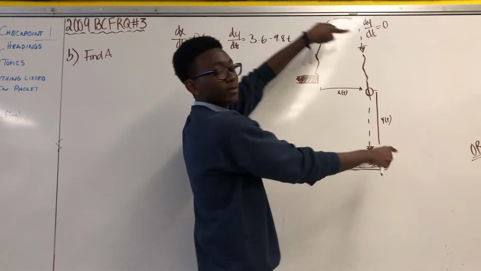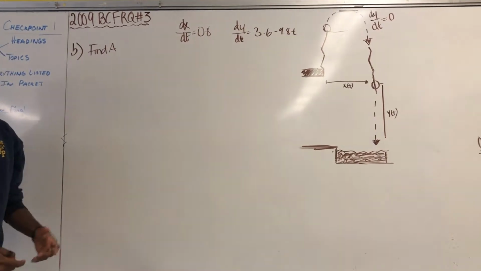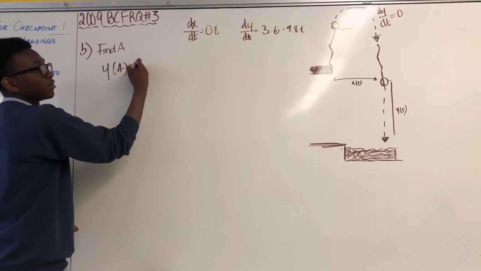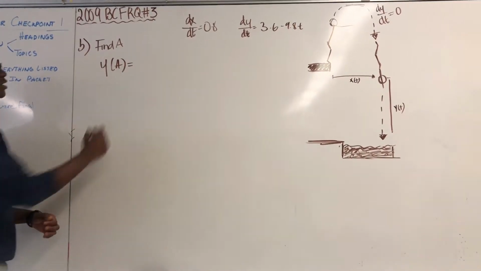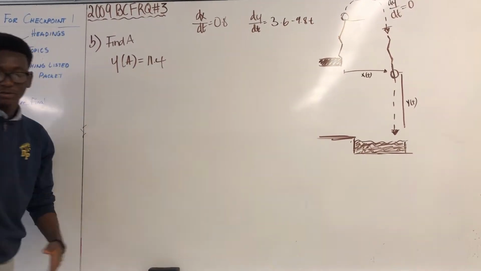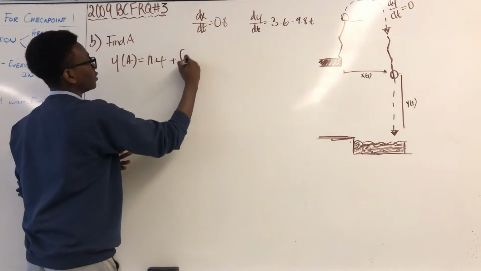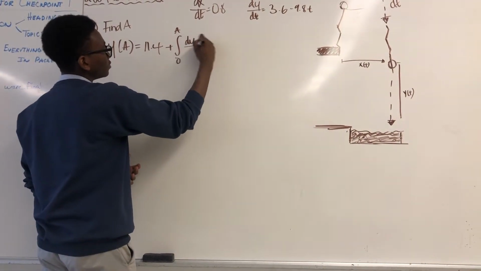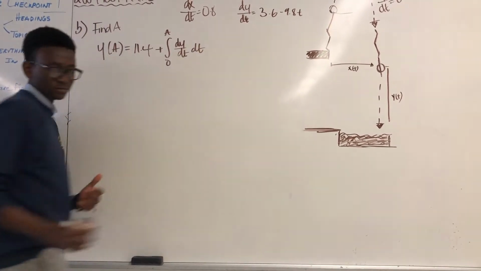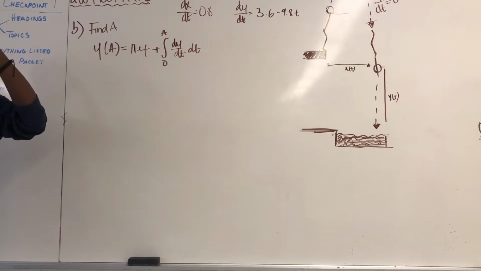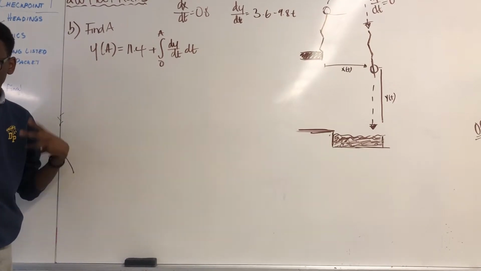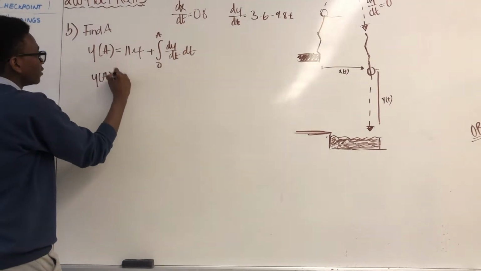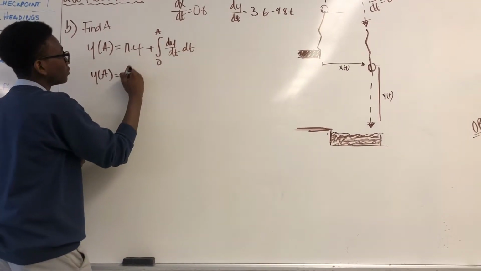You would use the equation y of a is equal to 11.4 plus the integral from 0 to a of dy/dt. The reason you use dy/dt in the integral is because dx/dt isn't changing, and dy/dt is the factor that's changing as the diver jumps up and comes back down.